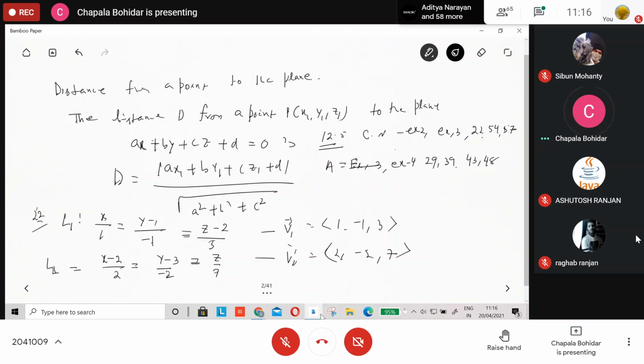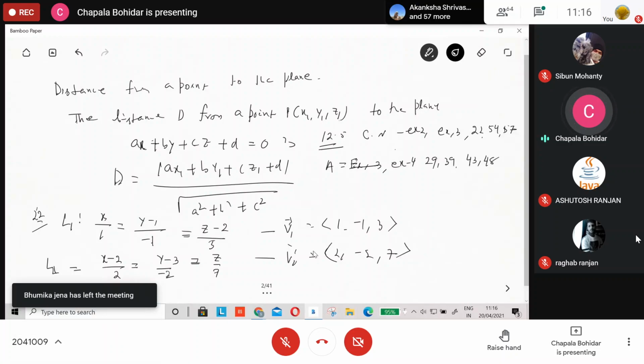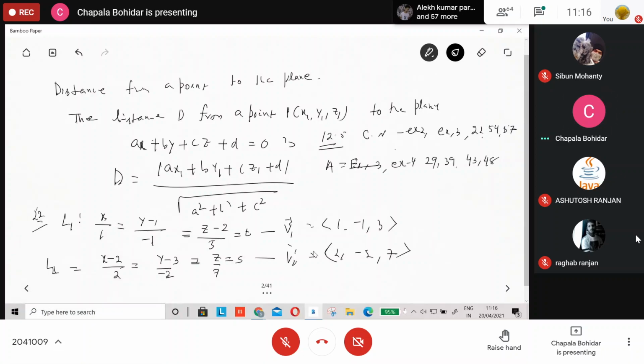Okay. Now we have to check for the intersection. You know how to solve? Check for the intersection. So now I'm putting the value equal to t. I'll put the parameter as s for the other line. So what do you get here, our equations now?